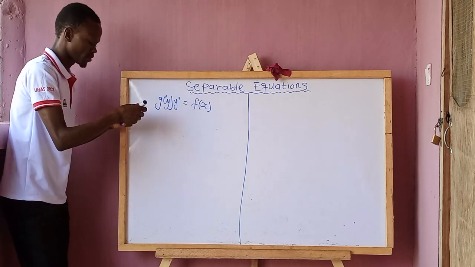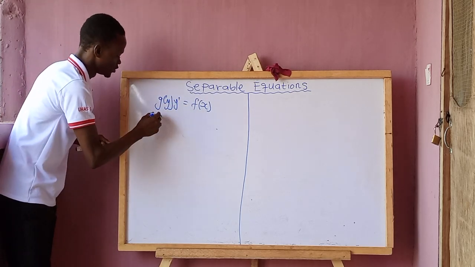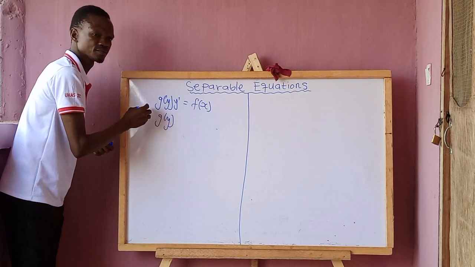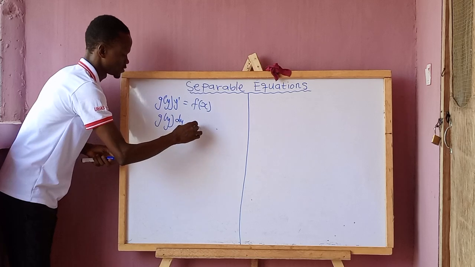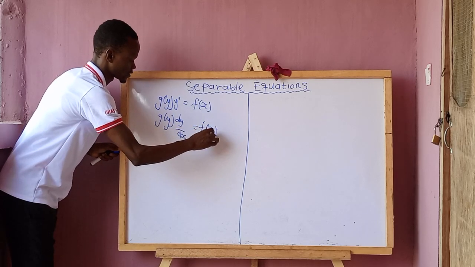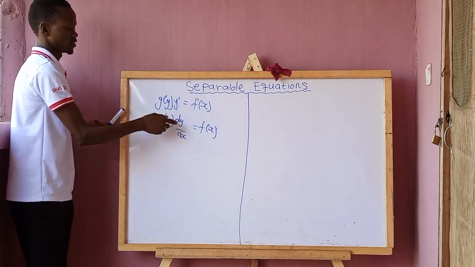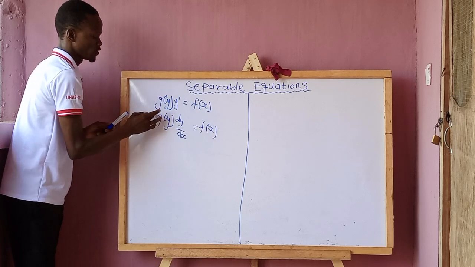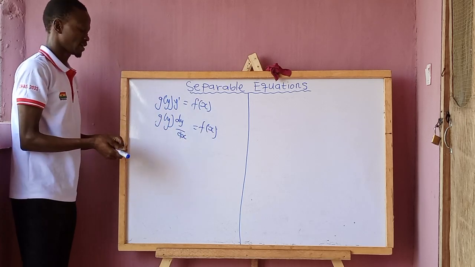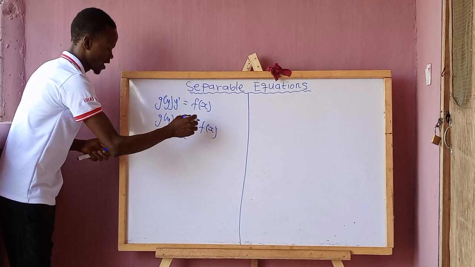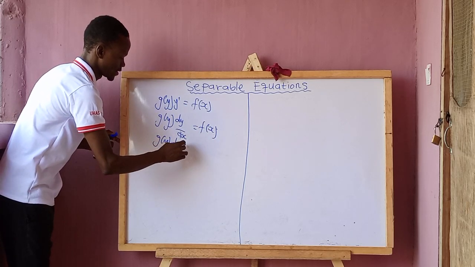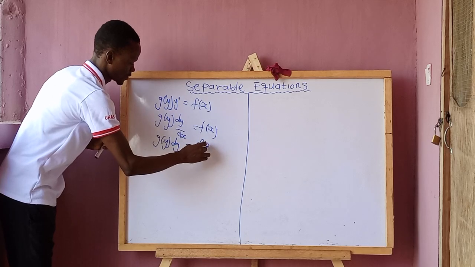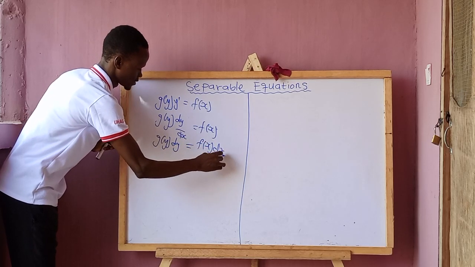So changing the y prime, we have g of y dy dx to be equal to f of x. Now we can multiply both sides by dx. So multiplying both sides, we have g of y dy to be equal to f of x dx.